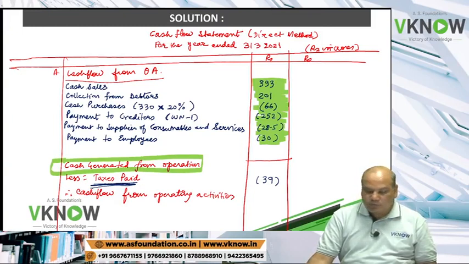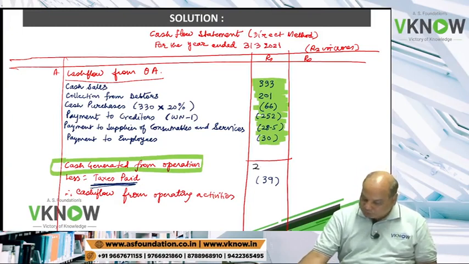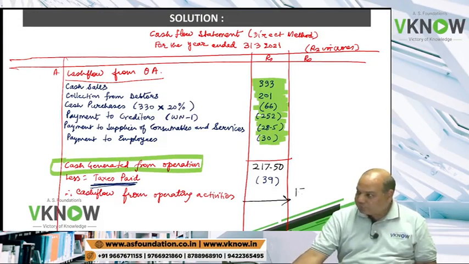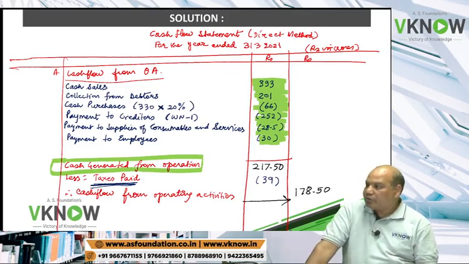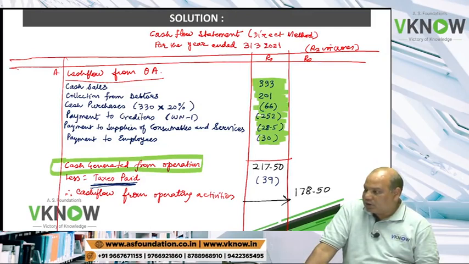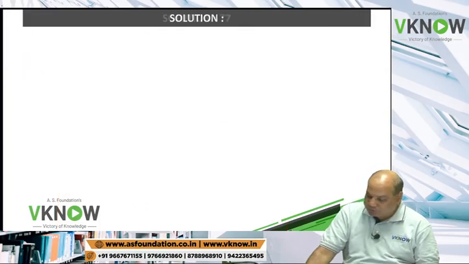Cash generated from operation is 217.50 minus tax paid 39. So cash flow from operating activity is 178.50. Thanga Lakshmi is right, 178.50.